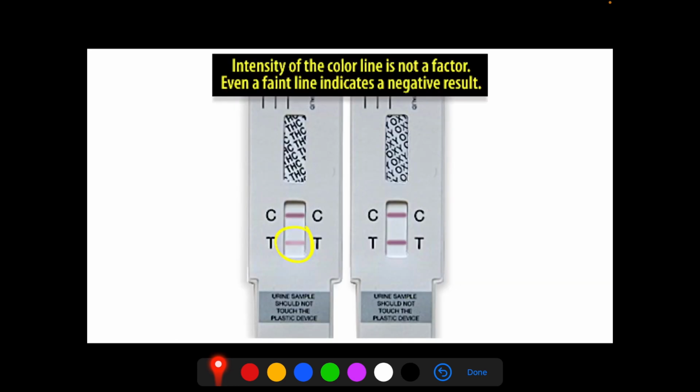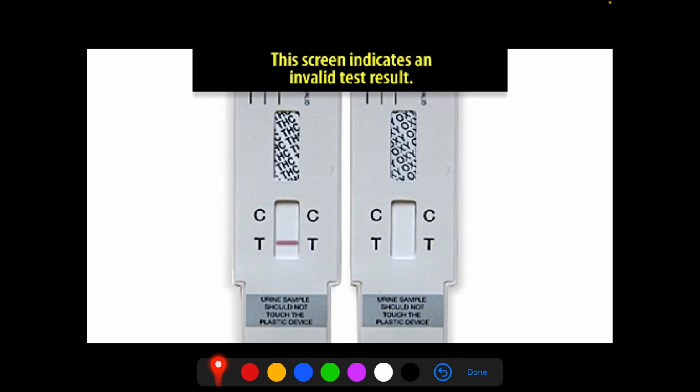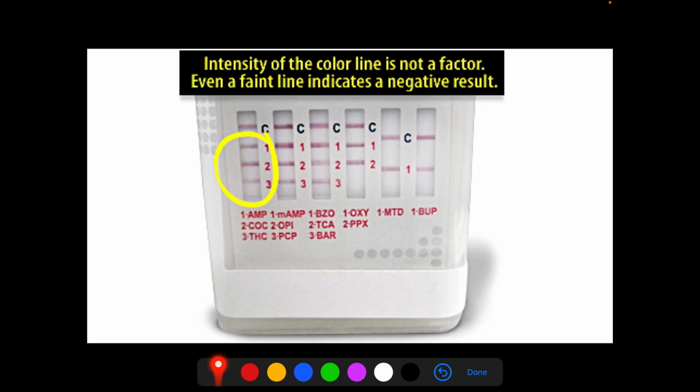The intensity of the color line is not a factor, and even a faint line indicates a negative result. Also this one. This is an invalid kit, and also this one. Okay, this one. The intensity of the color line is not a factor. Again, even if there is a faint line, it should be considered a negative result.